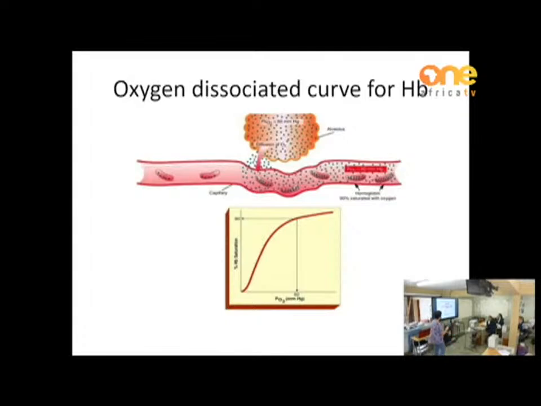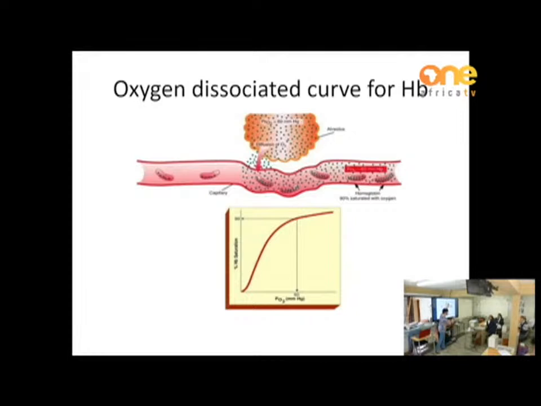Hear this. So, if I have the partial pressure of oxygen on the x-axis, and I have its saturation, we set in the alveolus high pressure.